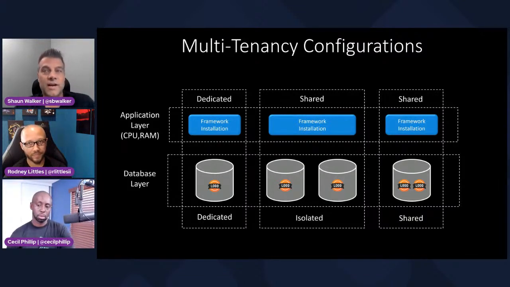And .NET Nuke, I guess, was multi-tenant, but it only supported either a dedicated multi-tenant model, where, of course, you would install the framework and you'd have a dedicated database, separated from everything else from an infrastructure perspective, or it supported a shared tenancy model where you could have one version of the framework installed, and then you could have many different clients virtually served from the same database. So it'd be a shared database as well.